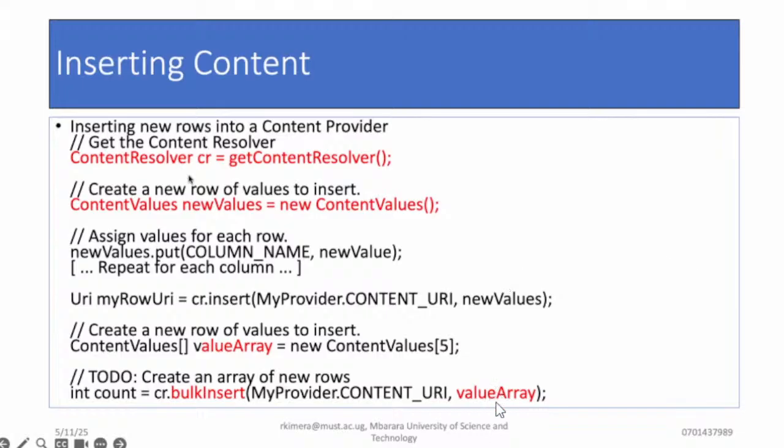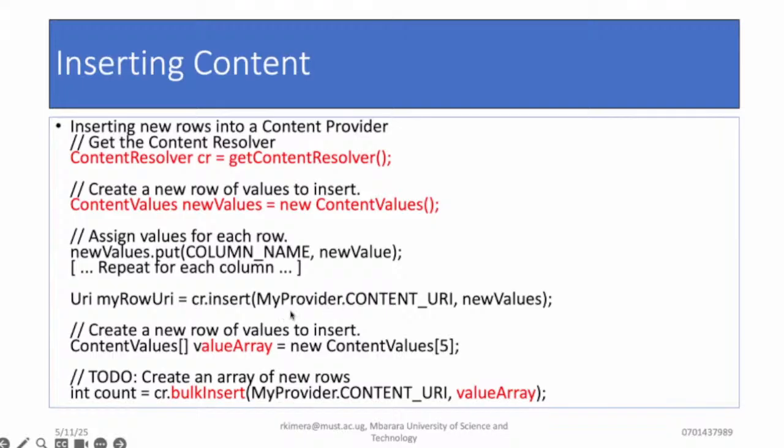We know what the content resolver does. I hope so. Then you create a new content values object, because it's the new values where we keep adding, like use the put method, column name, value, and so many more. And then you have the URI. So you are trying to insert into or through the content resolver.